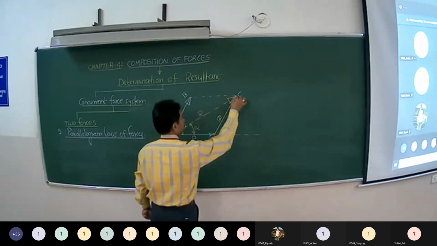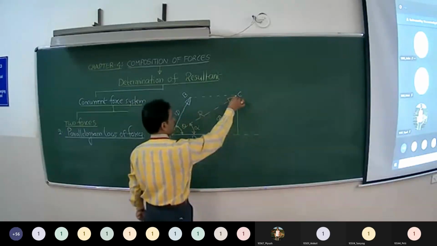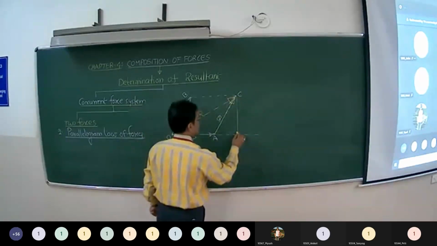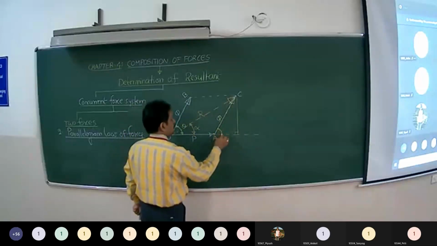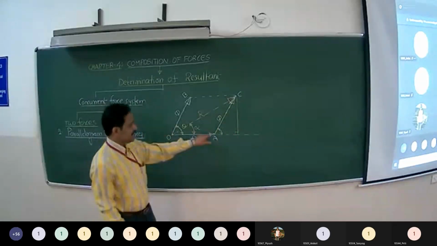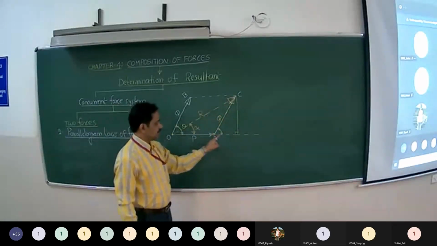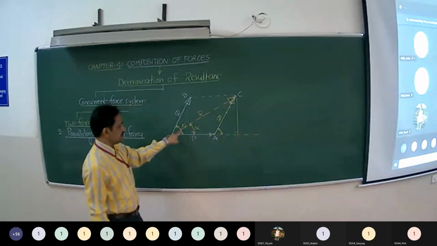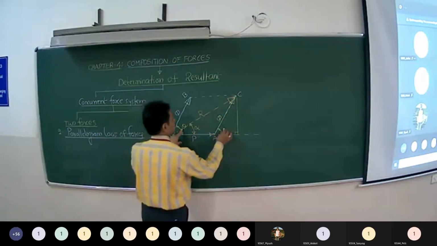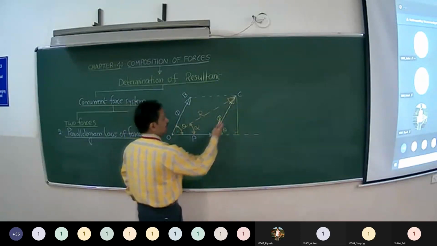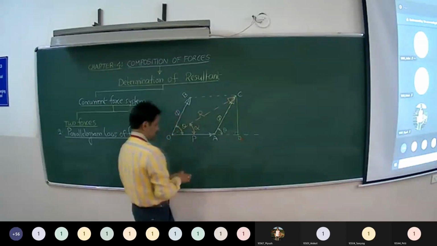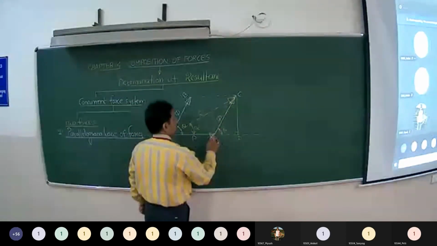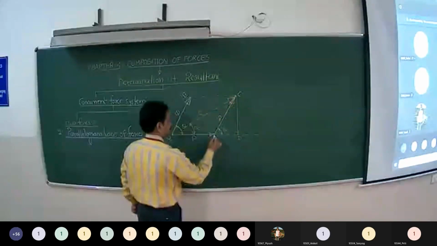Let us draw a perpendicular from point C on the line OA. Now determine how much is this angle? Angle made by Q with respect to P is theta. Now from this right angle triangle, let us say this is D, right angle triangle ADC.